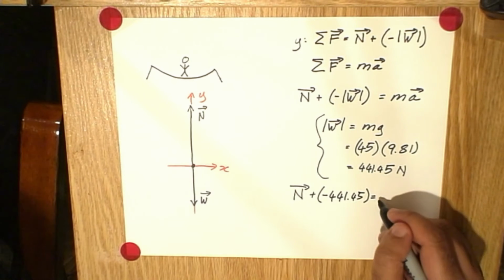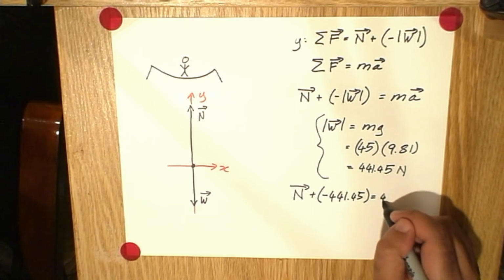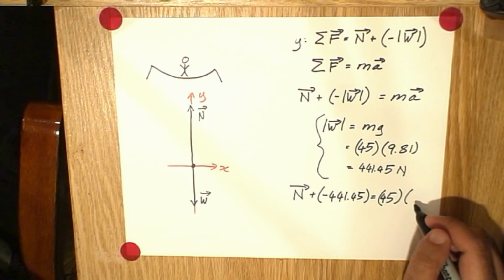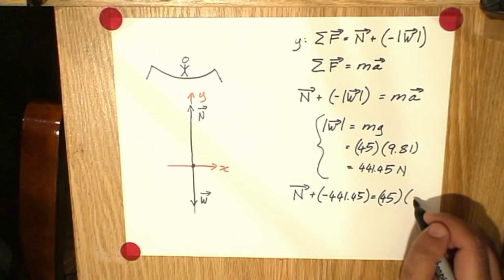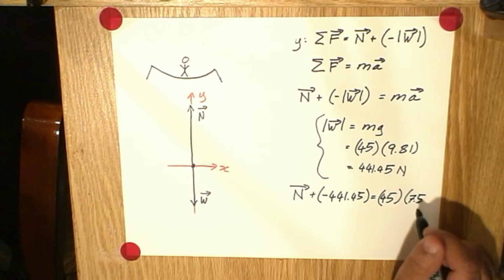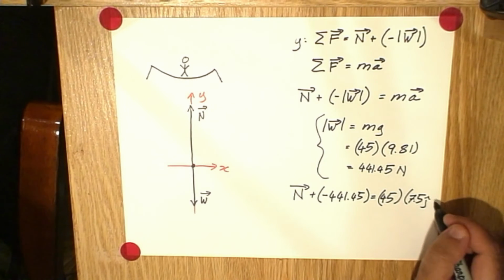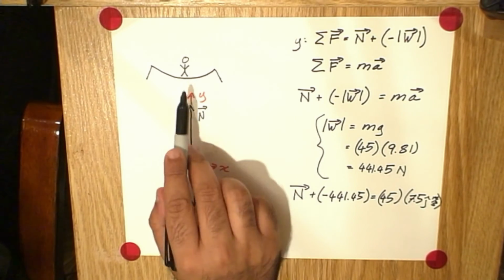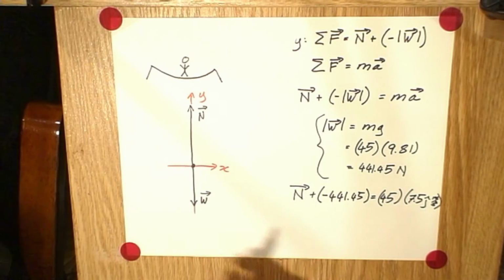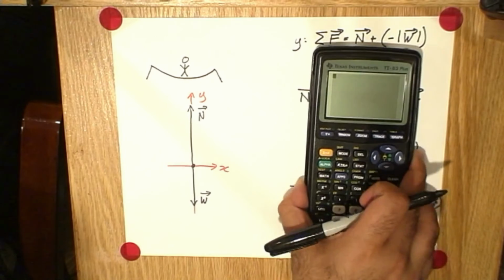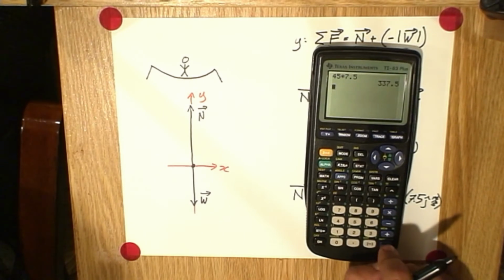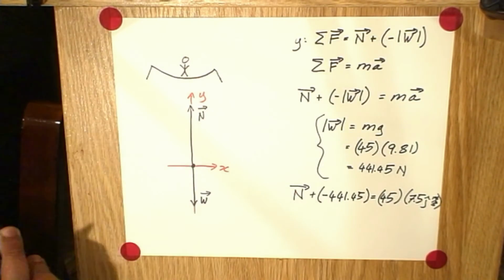is equal to the mass we were given as 45, and the acceleration we were told was 7.5 j hat meters per second squared. So j hat obviously because the normal force is going to propel them upwards in the y direction. 45 times 7.5 gives us 337.5.